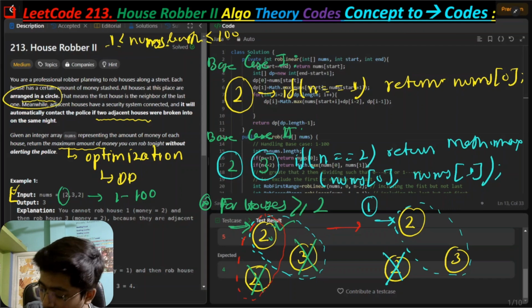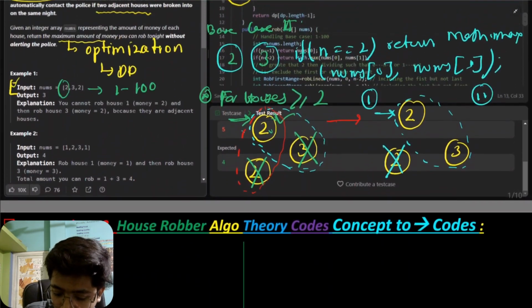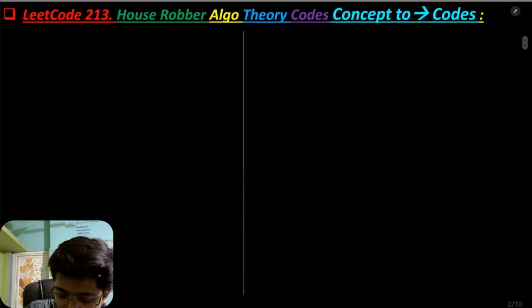In the case 1 and case 2 approach, what can we do? We will again write the same thing. The example was nums equals 2 3 2.